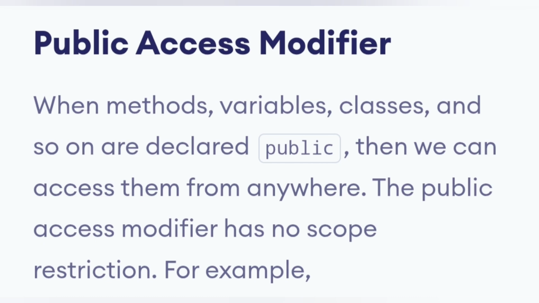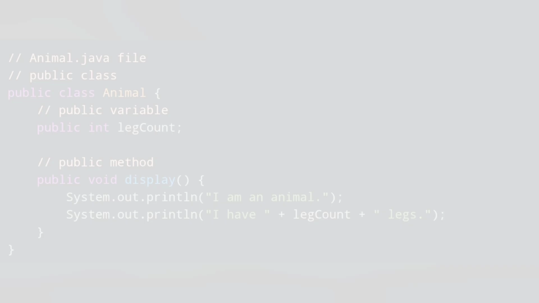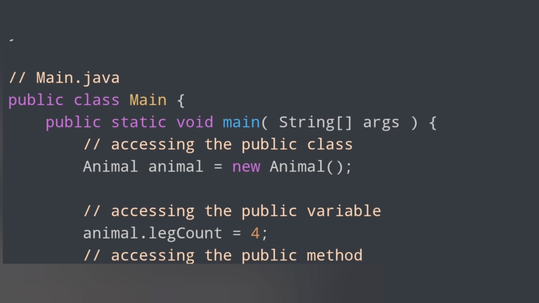In this program, before the class name and before the variable, we have given the keyword access modifier public, and before the method name also we have given the keyword public. At the end of the program there is no error and the output comes, because the public access modifier can be accessed from anywhere in the program, and it doesn't have any scope restrictions.